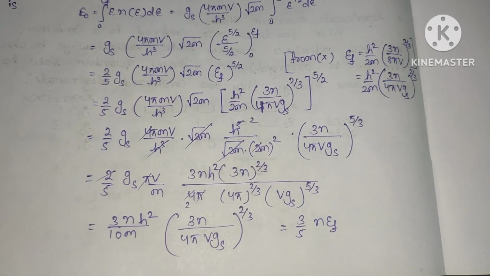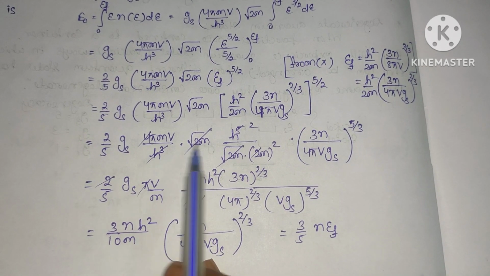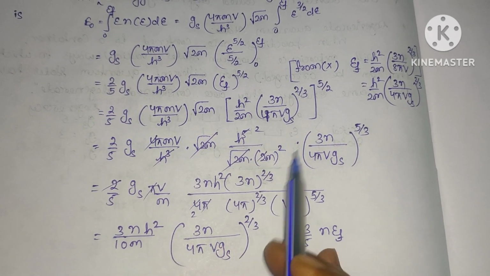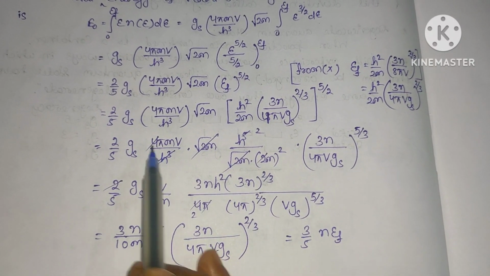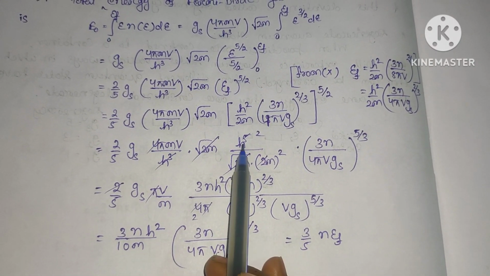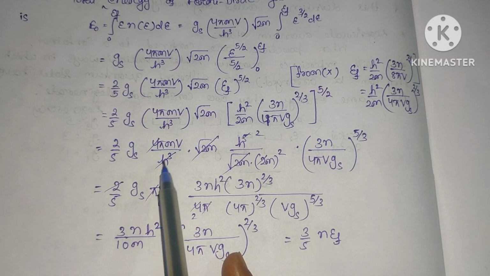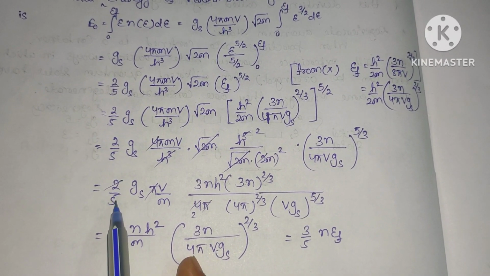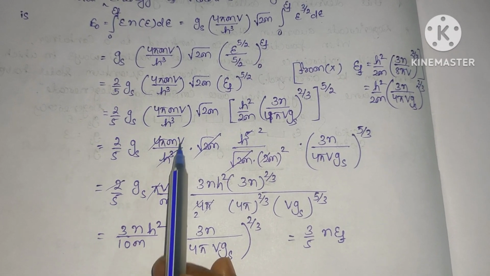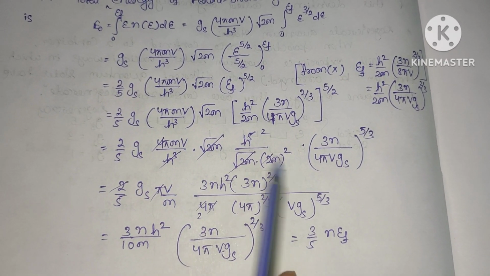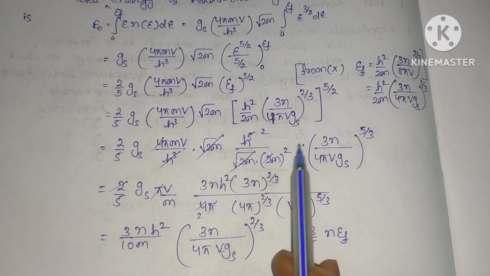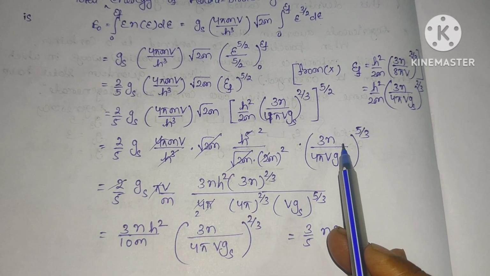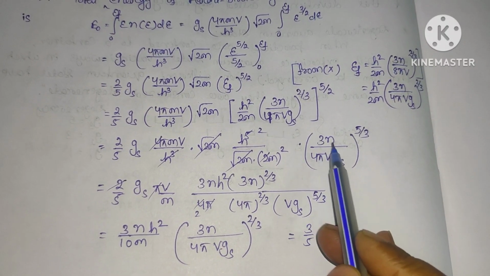Okay. Now root over 2m gets cancelled. 2 square is 4, so 2 will get cancelled. This is h⁵ over h³, so that becomes h². Now this is 2/5 g_s into πV divided by m into m divided by m², that becomes 1/m, into 3N.